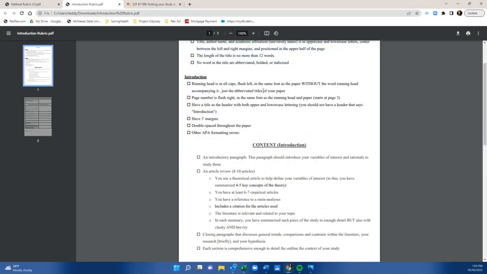Now for the introduction itself. When you start the introduction, when we're looking at APA format, make sure that the running head is in all caps.